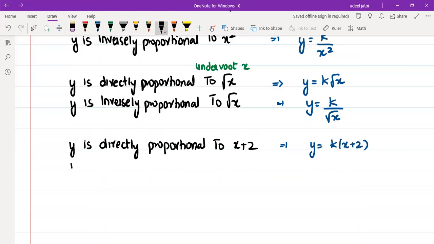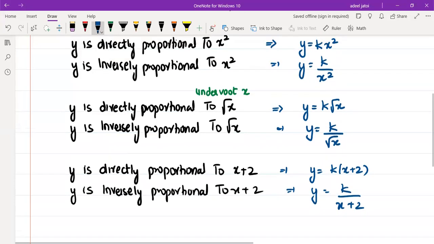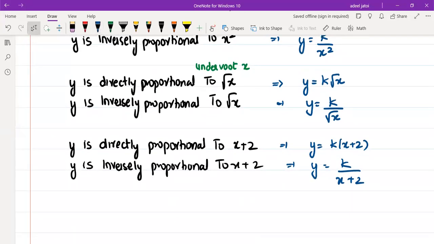And in the same way, if it says y is inversely proportional to x plus 2, this should be divided. Y is equal to k upon (x plus 2). Now, this does not mean that your formula will only have y and x.